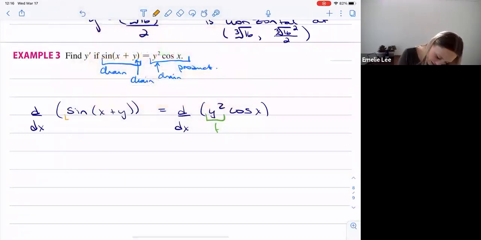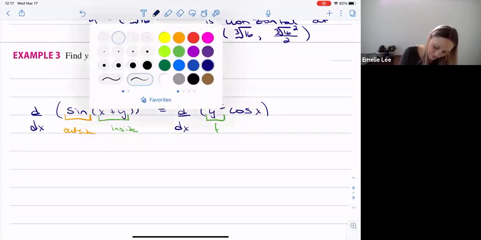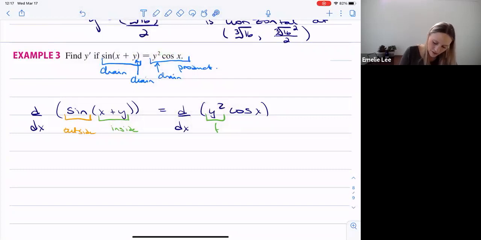Okay, so here the sine is my outside function and the x plus y is my inside function. So taking the derivative of the outside becomes the cosine, and then I evaluate it at the inside. So that's where I get the cos of x plus y.